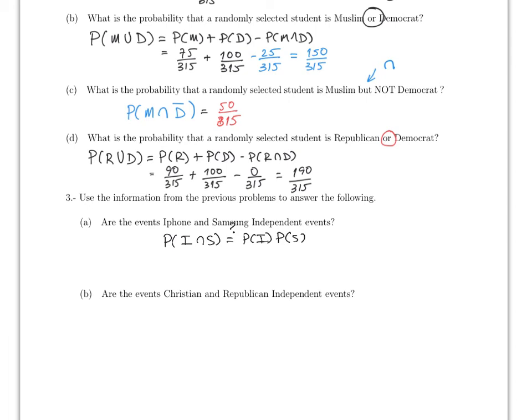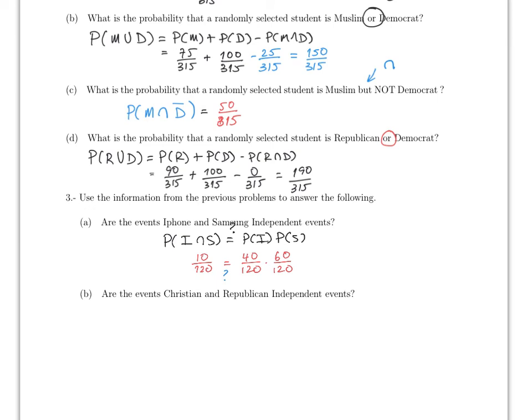Now remember that the probability that somebody has an iPhone and a Samsung at the same time was 10 over 120. The iPhone, I believe it was 40 over 120, and Samsung was 60 over 120. Now the question is, are these two the same? Okay. Now you can use a calculator or you can reduce fractions. I know so many people don't like fractions. So just use a calculator.